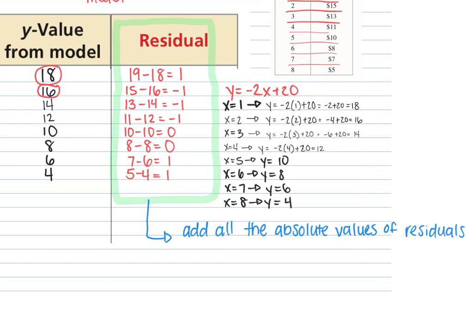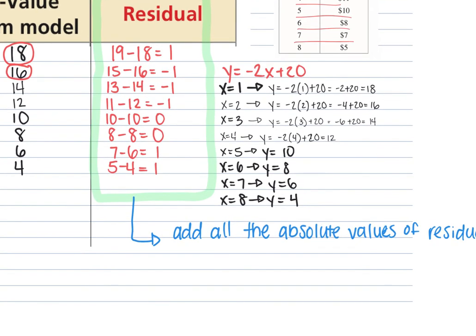So we're going to take the absolute value of each individual residual and add them all together. So let's start with the first one. The first residual is 1. What's the absolute value of 1? 1. Plus, what's the next residual down the line? Negative 1. What's the absolute value of negative 1? So add 1.